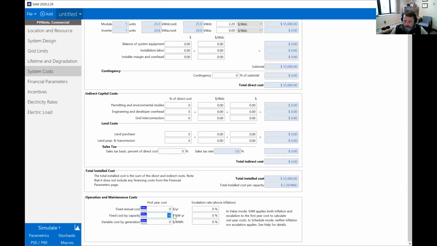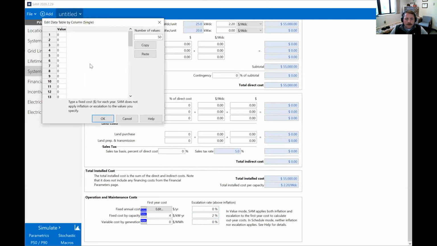We're going to lower this per kW rate down to $4, put in a small amount of inflation because we're worried the price might inflate a little bit, and then put in some fixed costs. We recognize that the inverters are a failure point in systems and might need to be replaced.